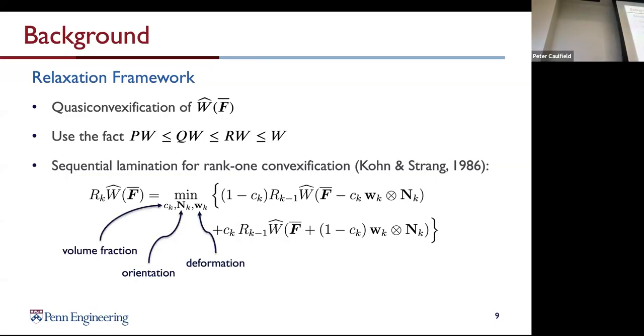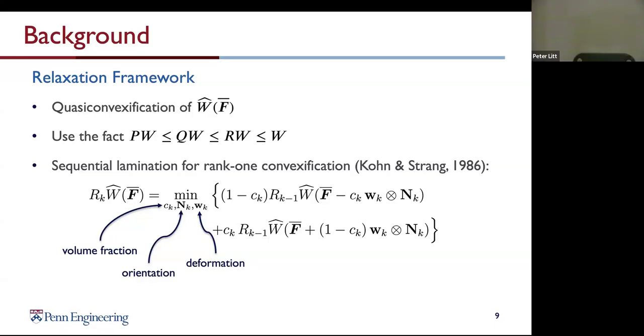In these parameters here, this C would be the volume fraction of the layers in that laminate, so you're trying to minimize over the size of each layer. This N is the orientation of each layer, so you minimize over that. And then this W is telling you about the deformation in each layer. One thing you can see in here is that the deformation of one layer and the deformation in the other layer differ by this rank 1 tensor.